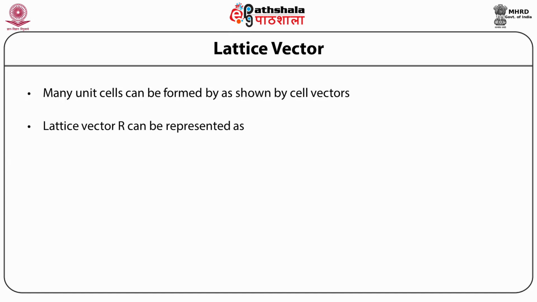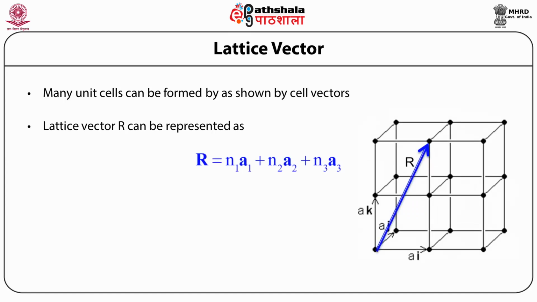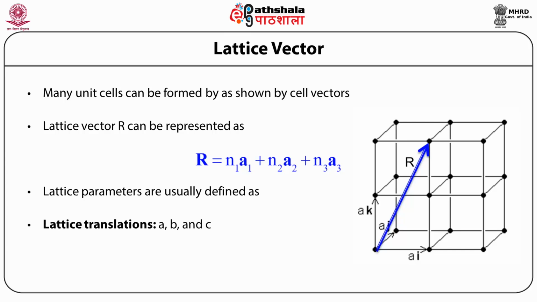So we can represent the lattice vector as R equals n1a1 plus n2a2 plus n3a3. Lattice parameters are usually defined as the lattice translation vectors and the angles alpha, beta and gamma.